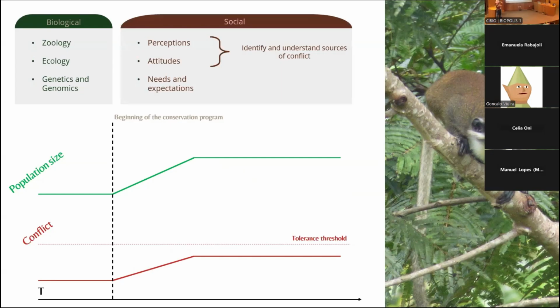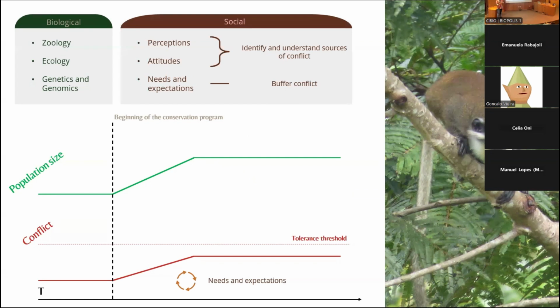And so this is where understanding the perceptions and attitudes can help us. They can help us, first of all, identify if there's indeed a chance for conflict between humans and these species. And also, if we pay attention to the needs and expectations of local populations, we can try and maintain the tolerance threshold.